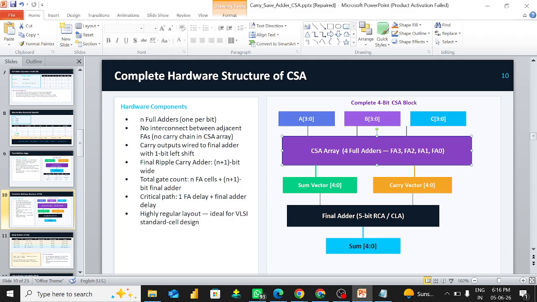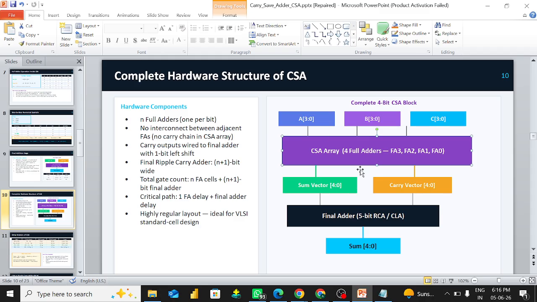What will the delay be? It is one full adder delay. In any CSA architecture design, there is always only one full adder delay. Just remember that. Why only one full adder delay?